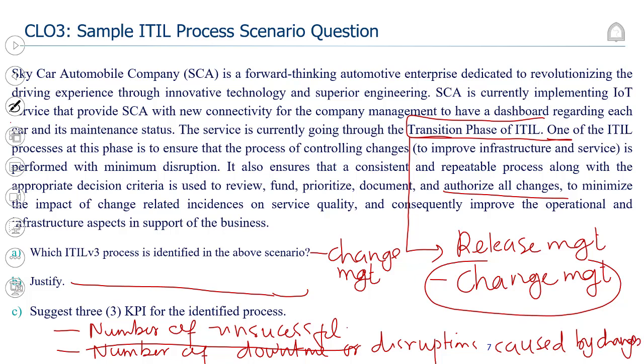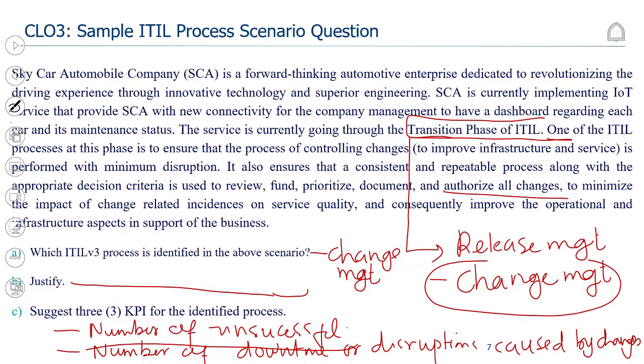Well, that is very important as well. If after a change you have a downtime, it means you did not test the change properly, or there was no proper testing of that change before you brought it to the production environment. So that's a very important thing.